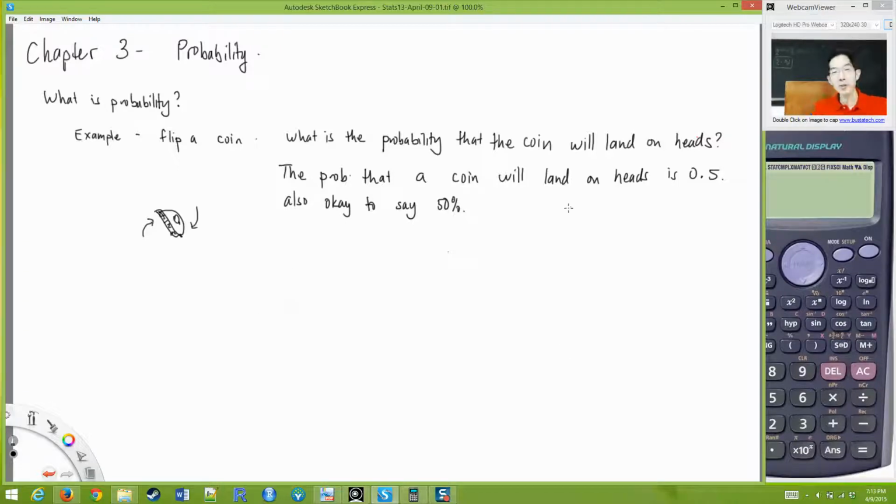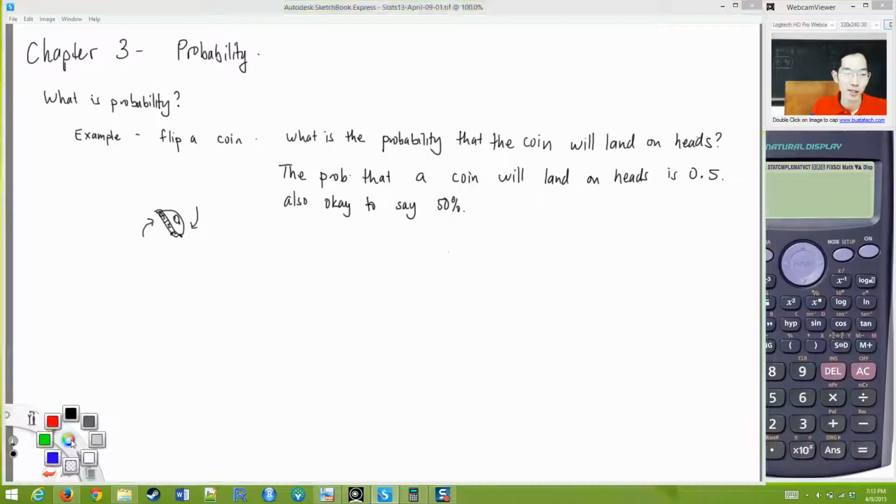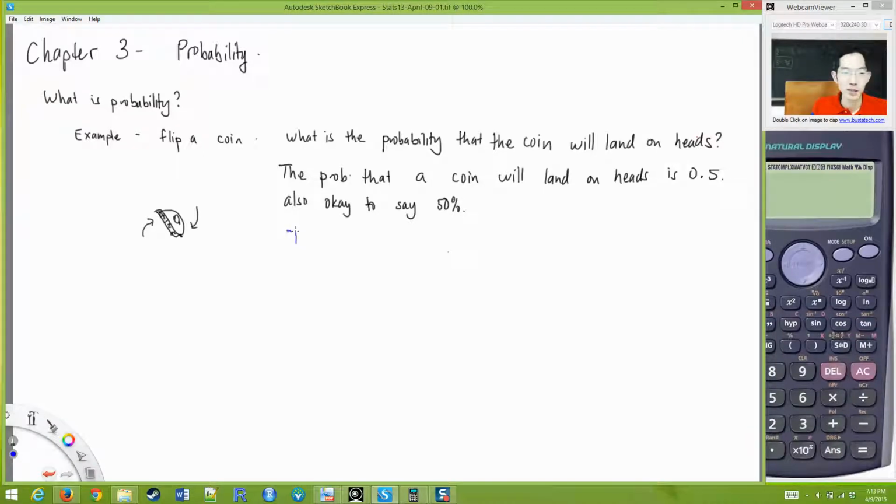But what does that mean to say that the probability that a coin lands on heads is 0.5? What exactly do we mean by that? Chance. Okay, we're talking about chance. Well, we have other words for probability, right?